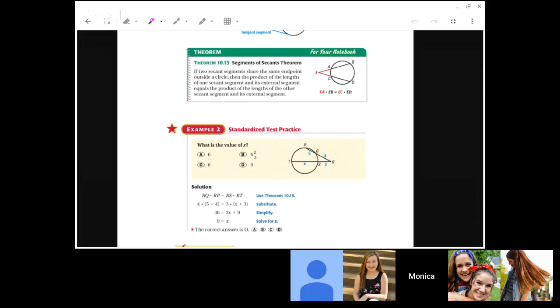So what this says is that the outside part times the whole thing is equal to the outside part of the other segment times the whole thing, okay?